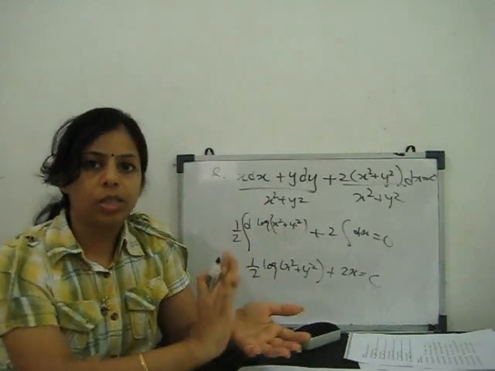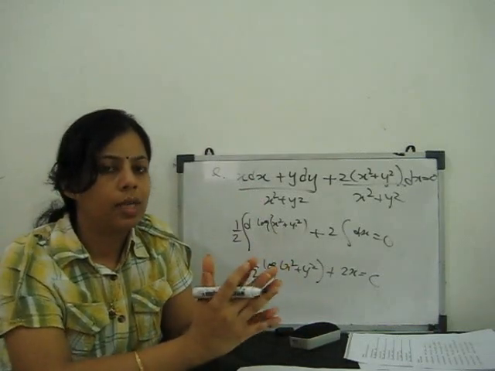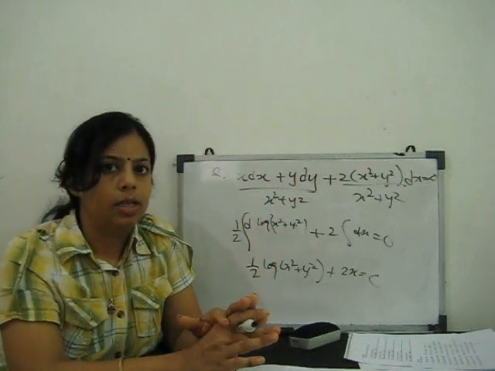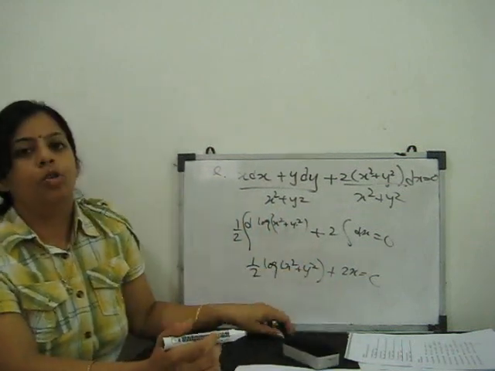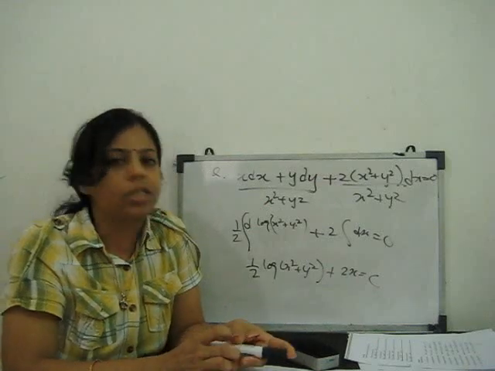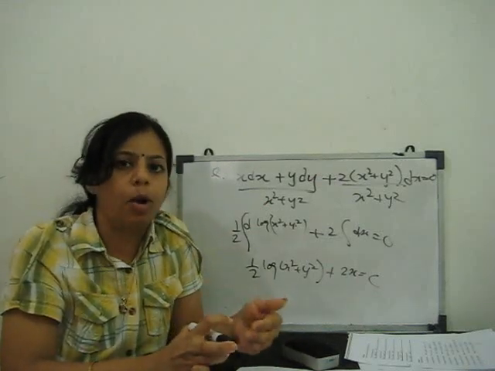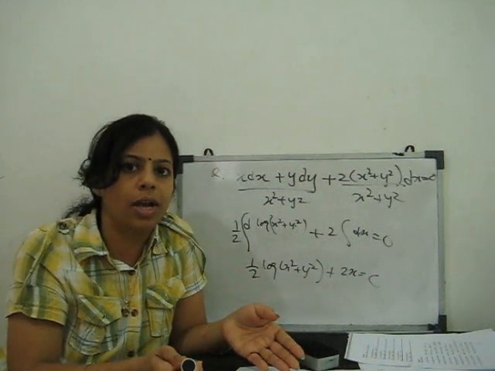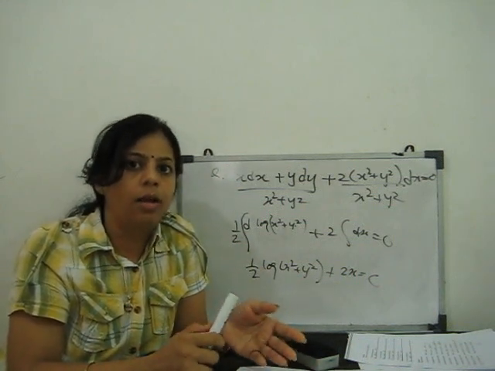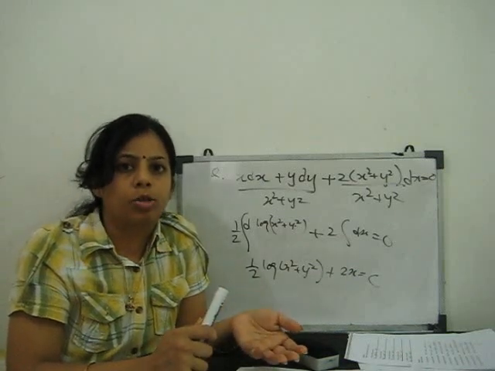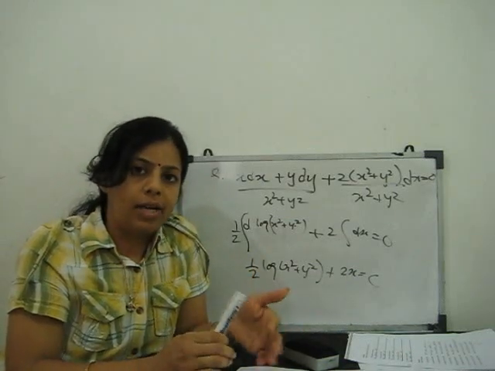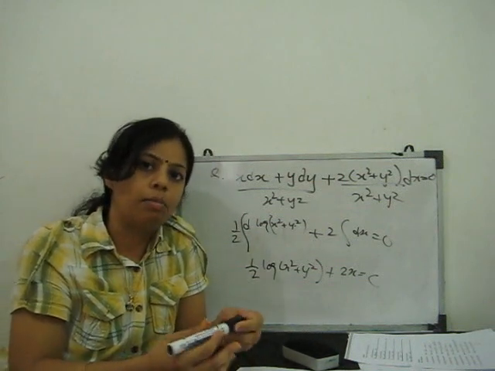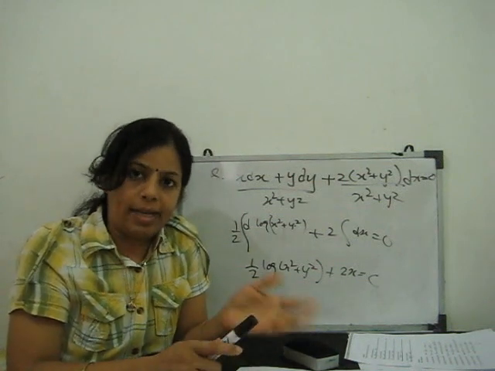You have to decide what term is coming and then solve it. It's not easy to decide, but you will see many problems in the book. There are many solved problems you can find, and you try yourself. Unsolved and solved problems both are available, and you can find how to decide the integrating factor and solve it. That's all about reducible to exact form.